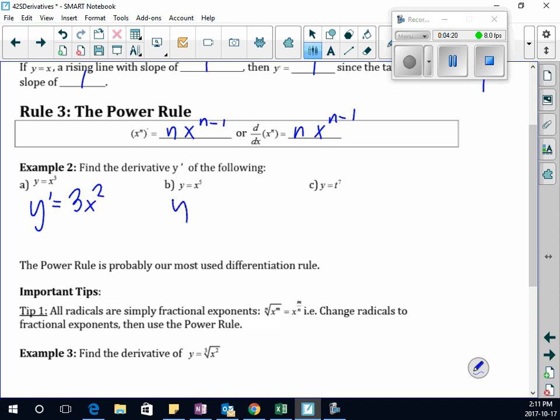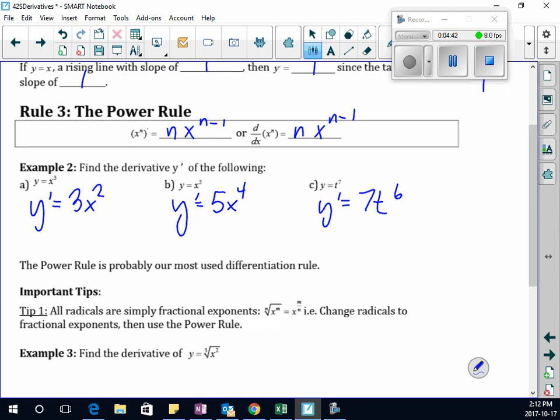Very good. How about this one? Y prime equals 5x to the power 4. What about this one? Y prime equals? Very good. So the power rule is probably the most used differentiation rule.